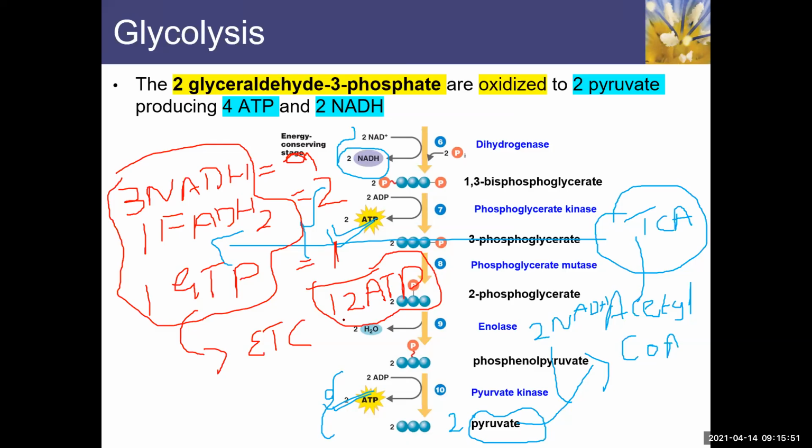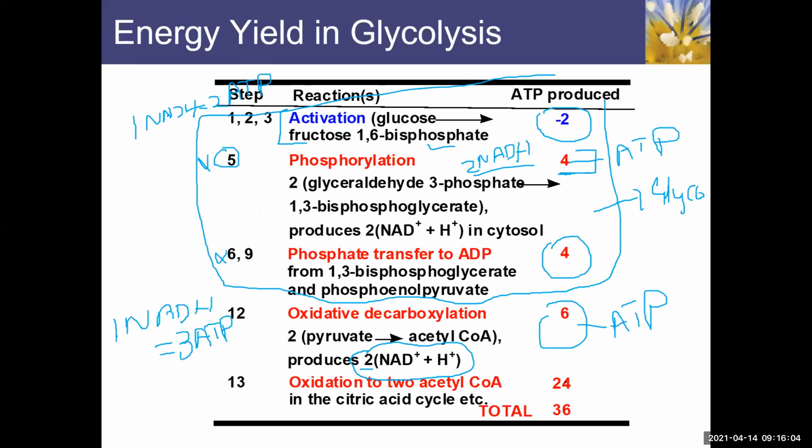That means 12 ATPs are produced from one molecule of acetyl CoA, a very, very important part. So you will accordingly multiply it with the 2. So 12 into 2 will be 24, right? Do you know how we got this 24?